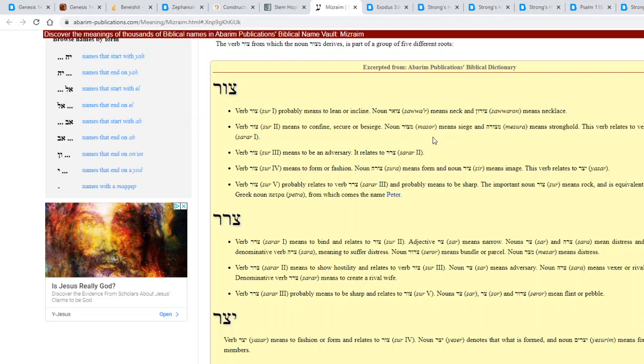It's one of the ways of creation. And possibly the root yetzer, which is either a will or forming, giving shape.